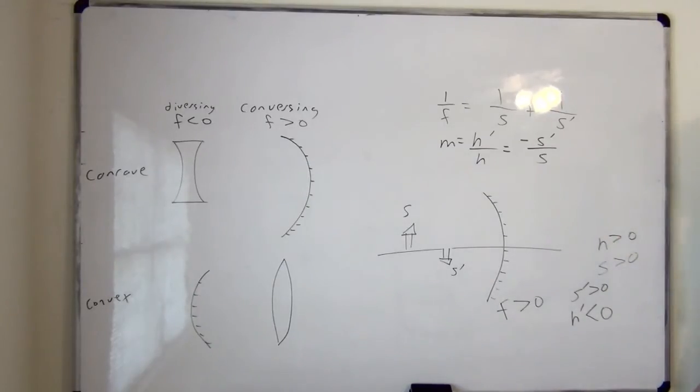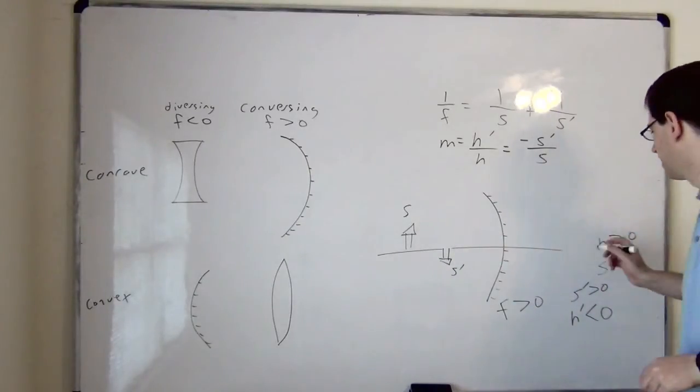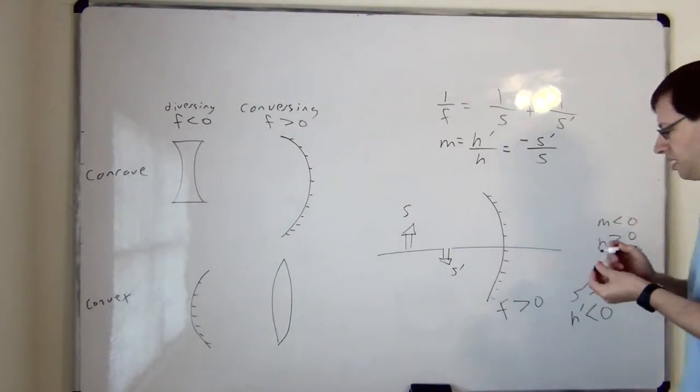Anything else? What about M? Yeah, M is negative, because the image is inverted. Good.